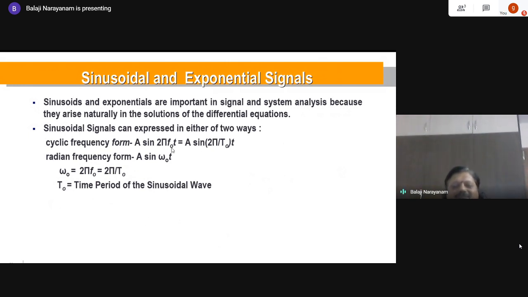The relation between the frequency and the time period is that the inverse of the time period is the frequency. We may replace f naught with 1 by T naught, and hence on the right hand side we have written the equation as A sin 2 pi by T naught multiplied with t, and the radian frequency can be shown as A sin omega naught t. And why we are very particular about T naught is that T naught is nothing but the time period of the sinusoidal wave.